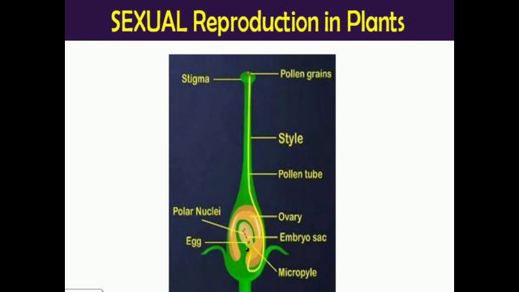So through this long tube, through the style, this is the pollen tube, it enters the ovary, and then through the micropyle it enters the embryo sac. This is the embryo sac, and there it gives out all its contents, that is the two male gametes, two male germ cells, and the tube cell.